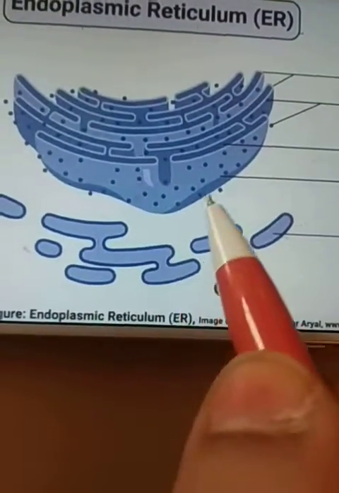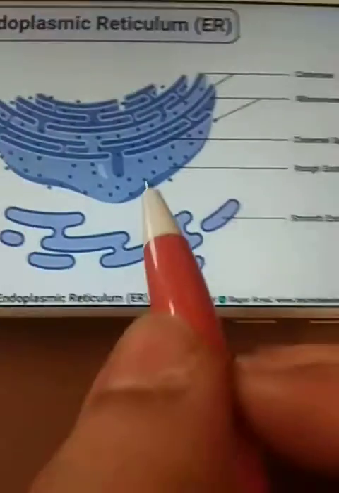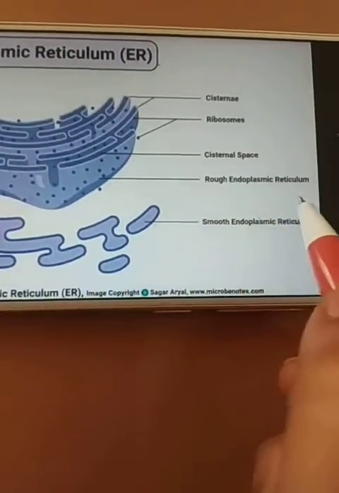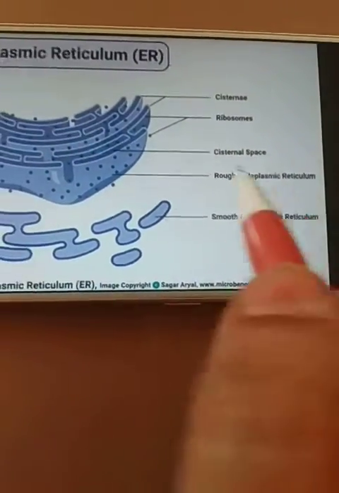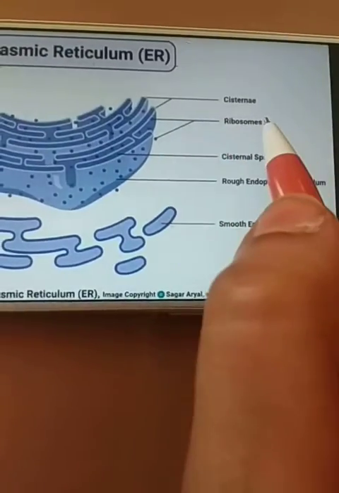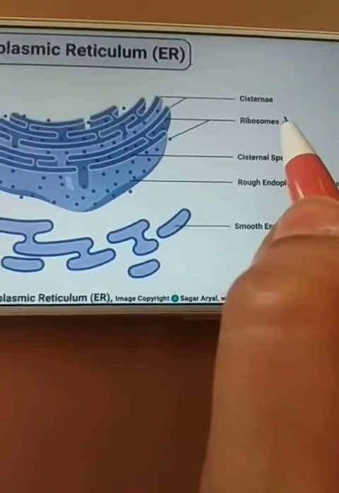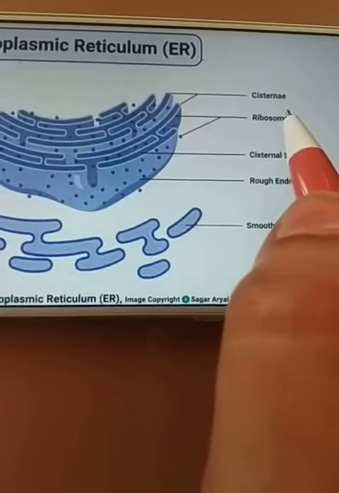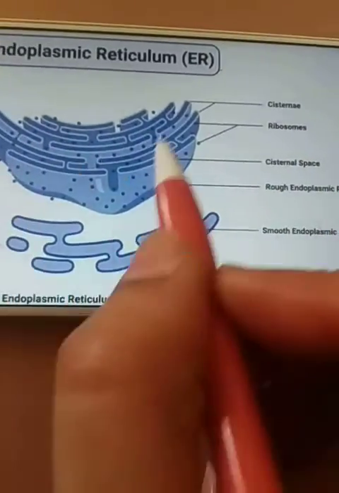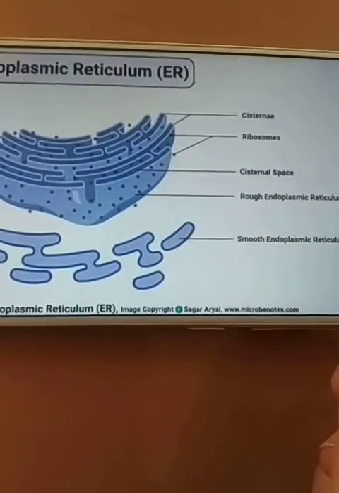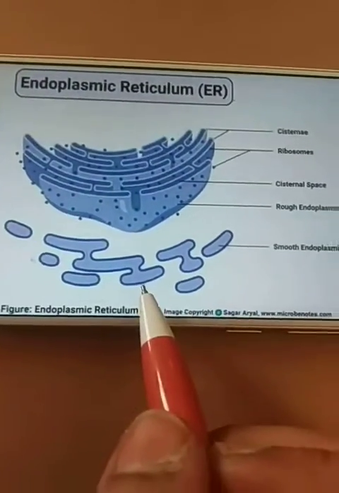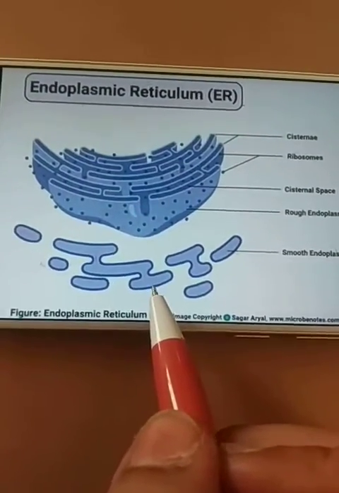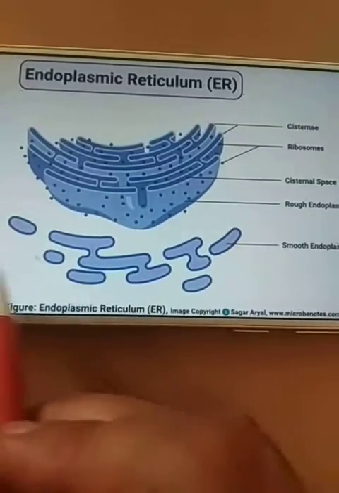Rough endoplasmic reticulum, which contains ribosomes. That's why it seems rough. Smooth endoplasmic reticulum does not contain any ribosomes.